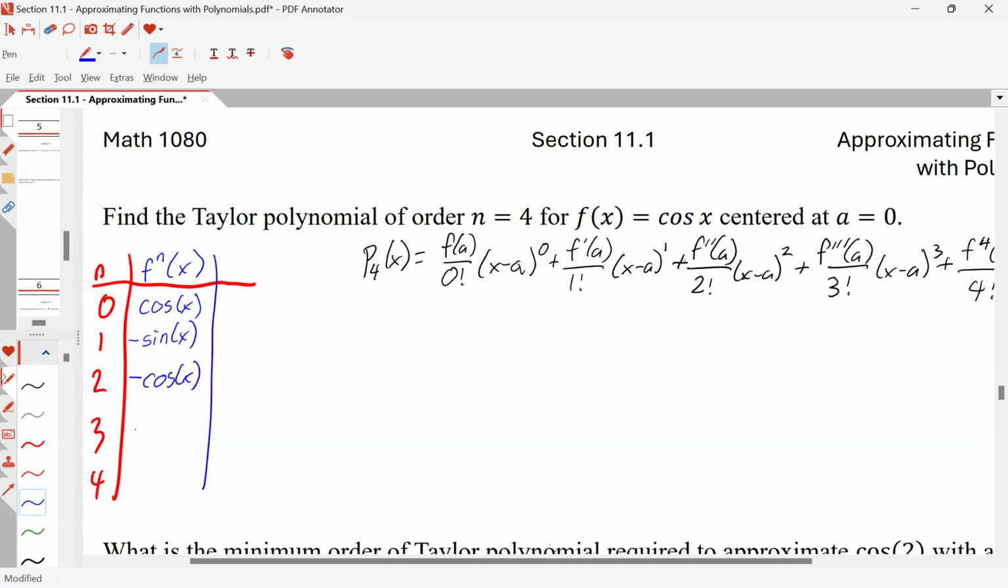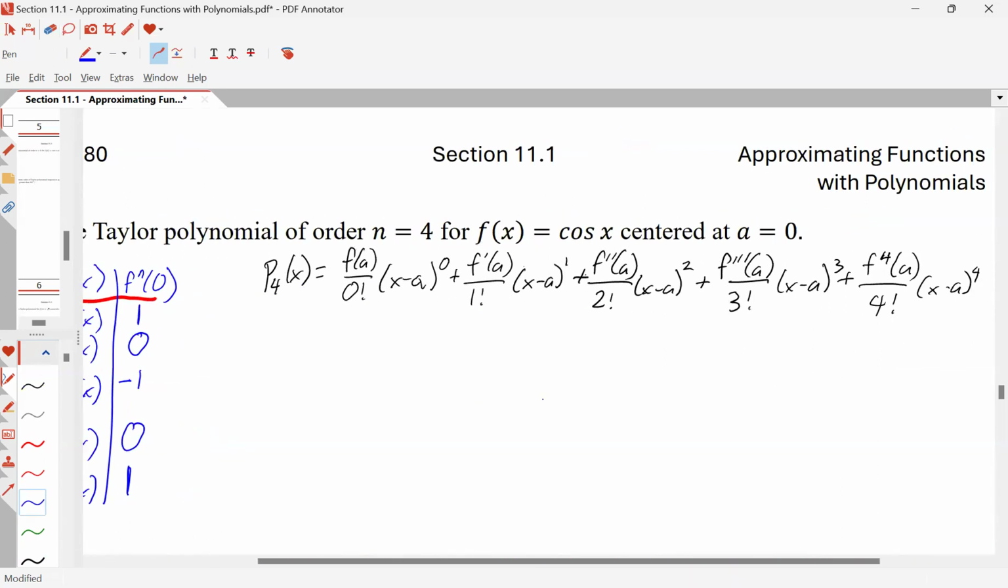The derivative of negative cosine is sine, and the derivative of sine is cosine. And when we plug in 0, the center, cosine of 0 is 1, sine of 0 is 0. So we get 1, 0, negative 1, 0, 1.